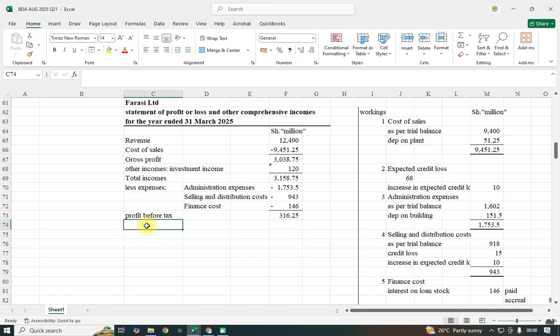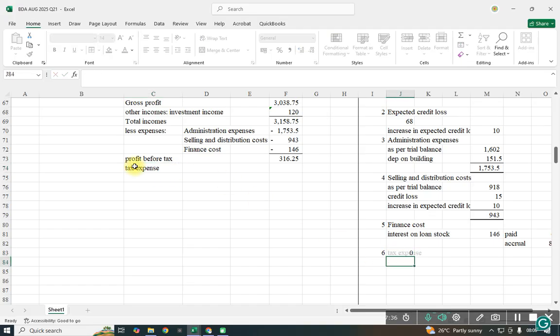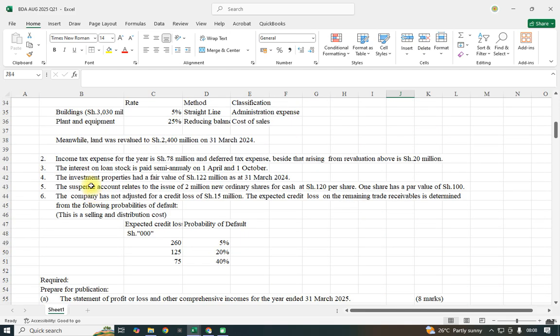Then we calculate our tax expense for the period, as working number 6 for the tax expense, and we have what we call the corporate tax. I've been told income tax expense for the year is 78.